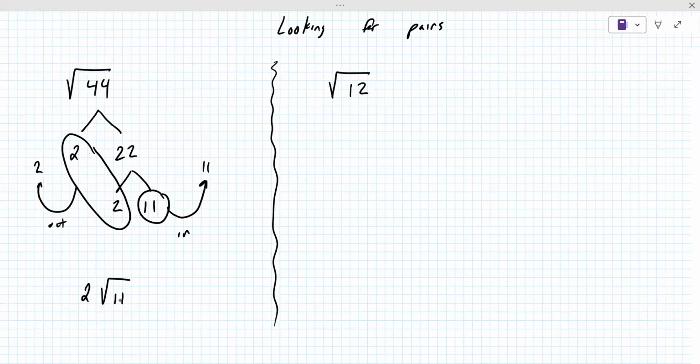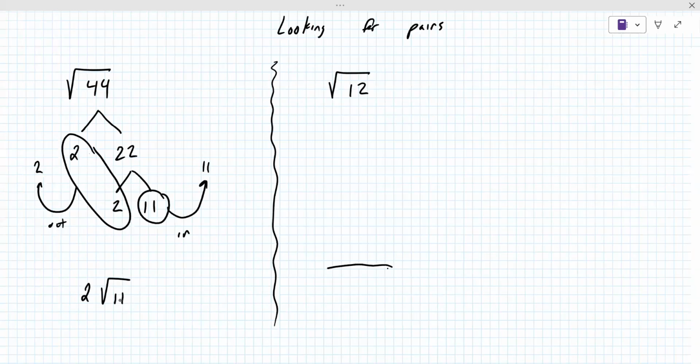Square root of 12. Go ahead and try working that out and let me know what you come up with. Okay, so there's a pair of 2s and then 3.